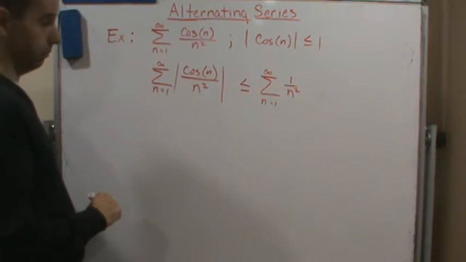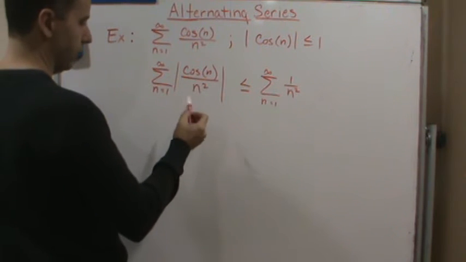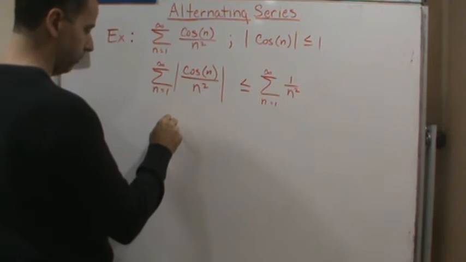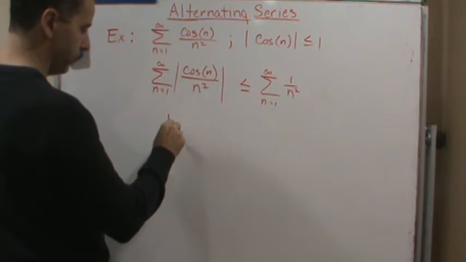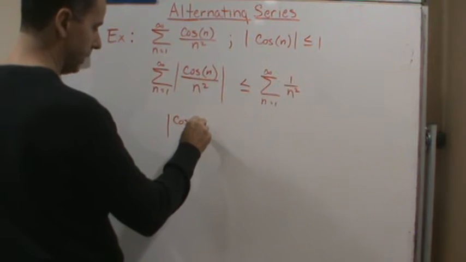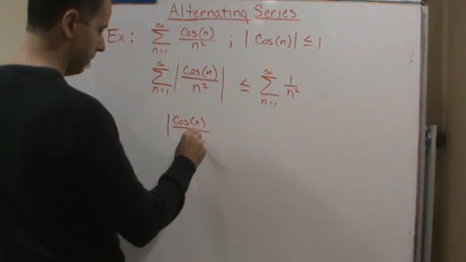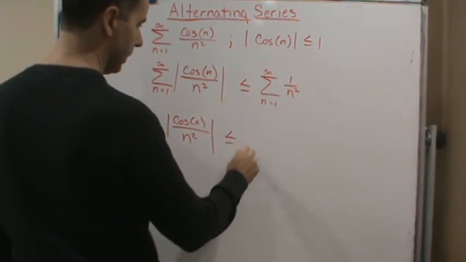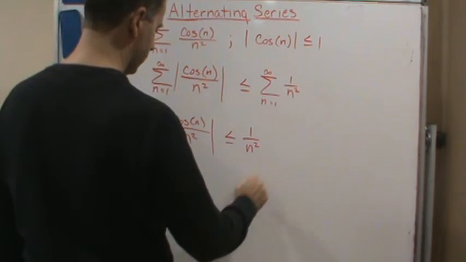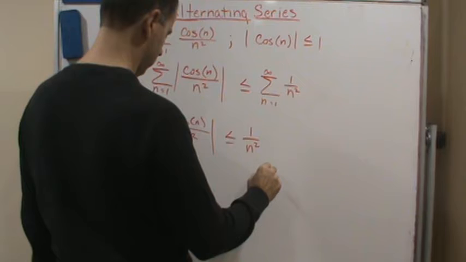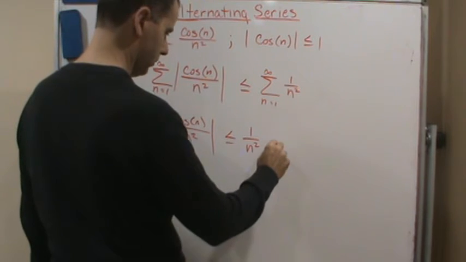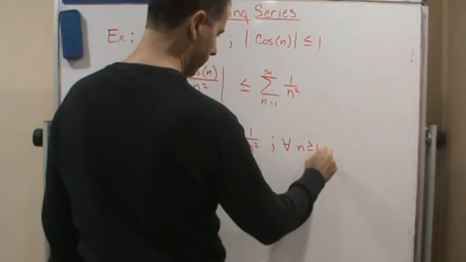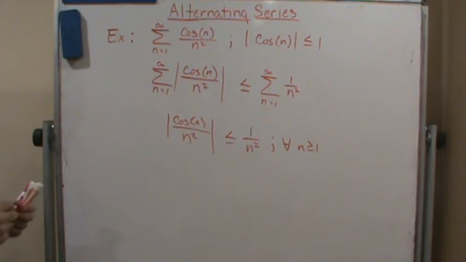converges as well. Why? Because we know that for all values of n greater than or equal to 1, the absolute value of cosine n over n squared is less than or equal to 1 over n squared, for all n greater than or equal to 1.